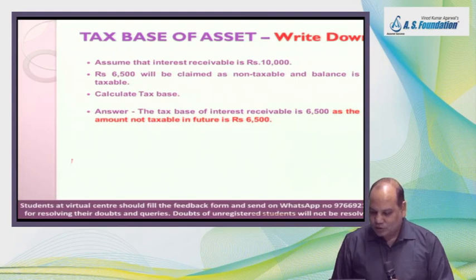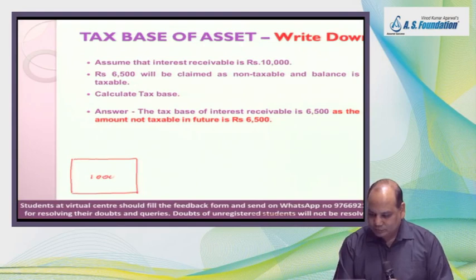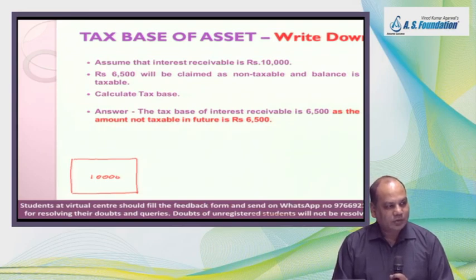Means you have shown 10,000 rupees as income in the books of account. So carrying amount is 0. Rupees 6,500 will be claimed as non-taxable, and balance is taxable.